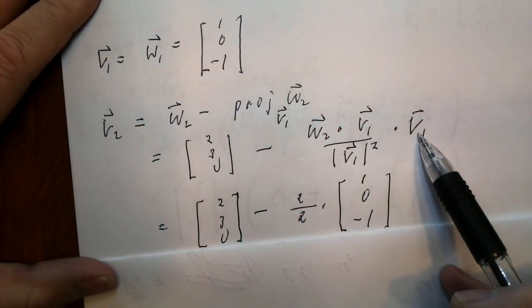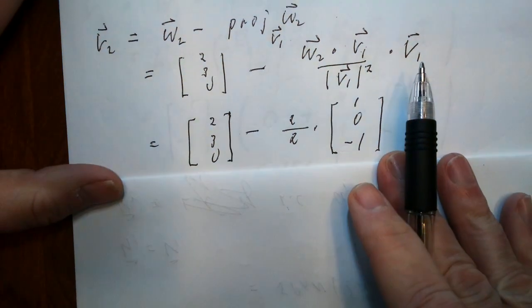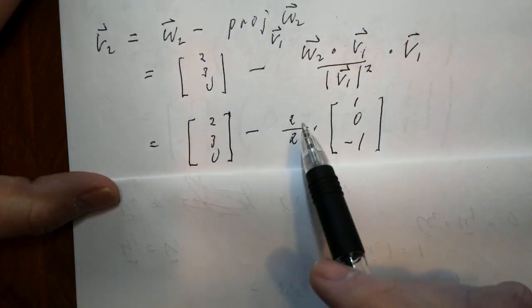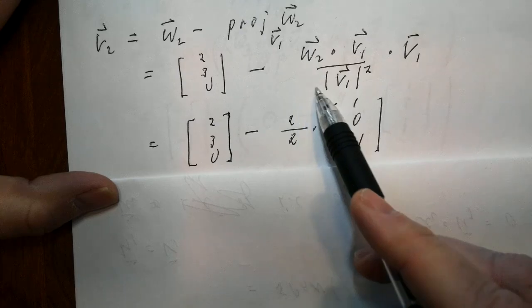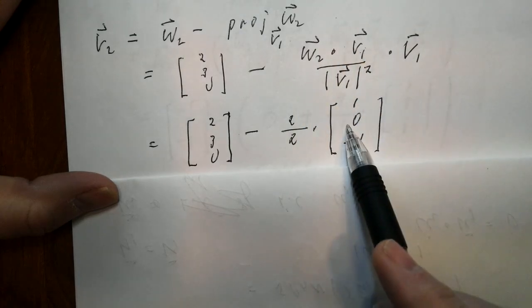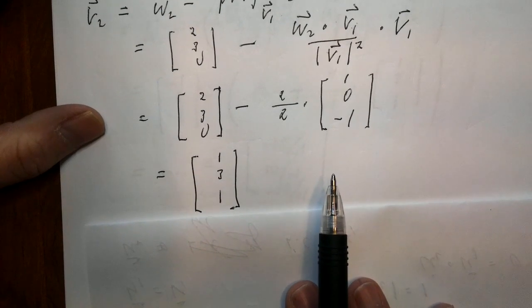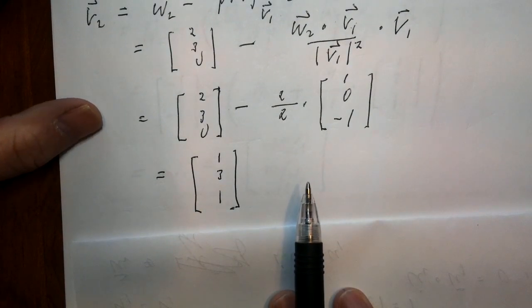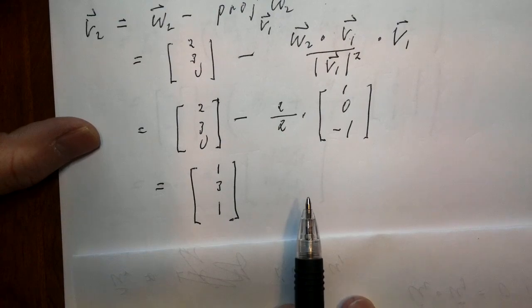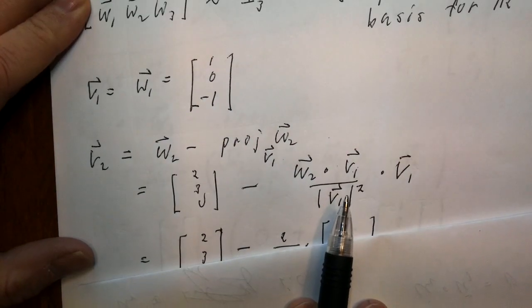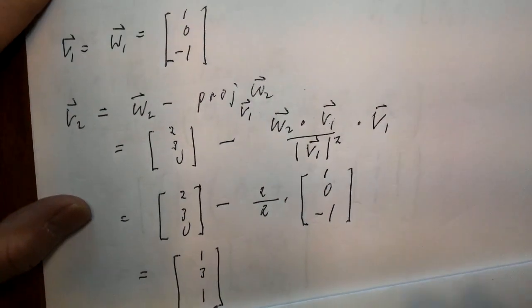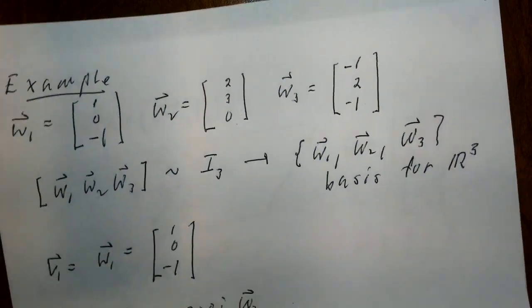I multiply that by the vector V1, which is 1, 0, negative 1. So this scalar corresponds to that scalar. Here's V1 down here, and here's W2. When I simplify this, I get the vector 1, 3, 1. So we've calculated V2, 1, 3, 1, and we know that V1 is 1, 0, negative 1. Let's go on and calculate V3.